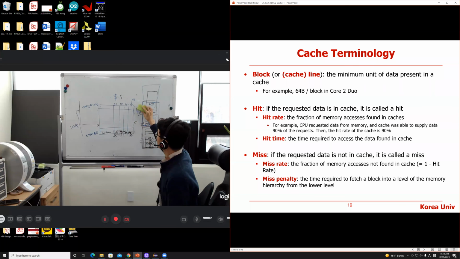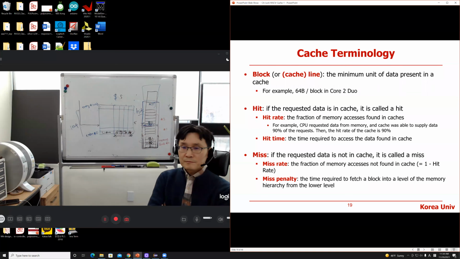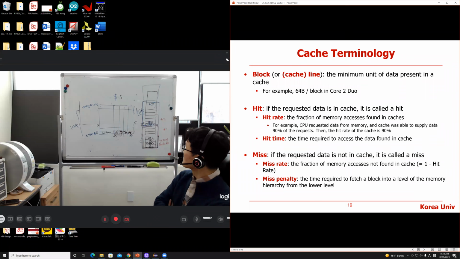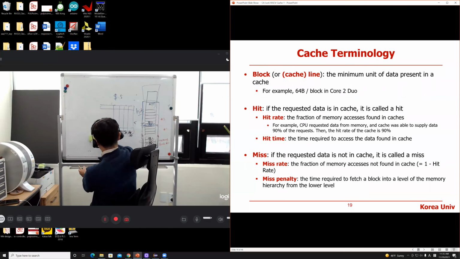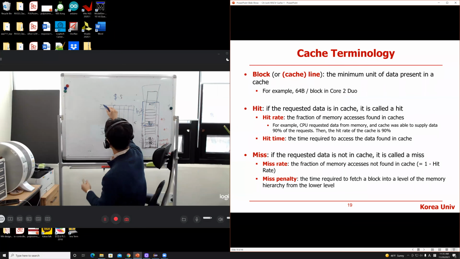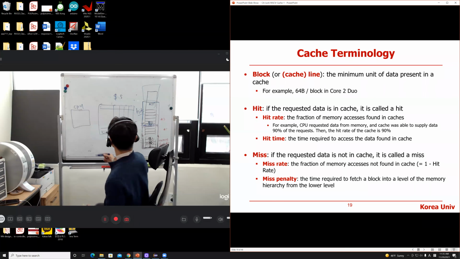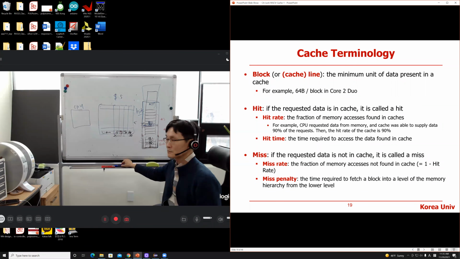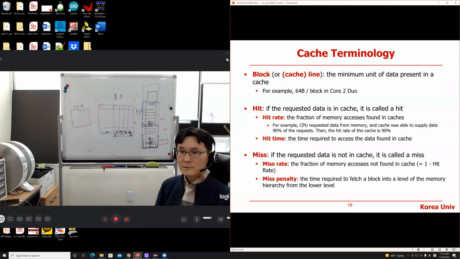For example, the CPU requested data from memory and the cache was able to supply data for 90% of the requests. Then the hit rate of the cache is 90%. Hit time: the time required to access the data found in cache. Miss: if the requested data is not in cache, it is called a miss. Miss rate: the fraction of memory accesses not found in cache, 1 minus hit rate. Miss penalty: the time required to fetch a block into a level of the memory hierarchy from the lower level. Okay, thanks.